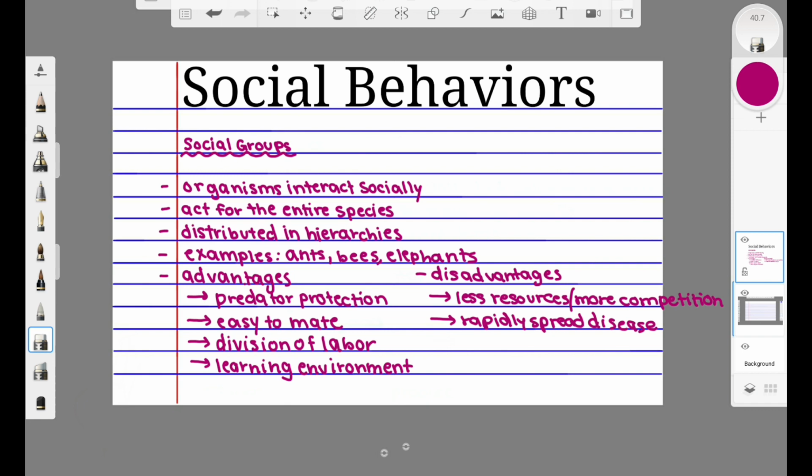And when we talk about disease, we're also talking about parasites. So if a parasite enters an organism, it can spread through the entire species, and then the entire species will be affected, rather than if it was a solitary animal. It would be, first of all, less likely to contract the disease and spread it to others.